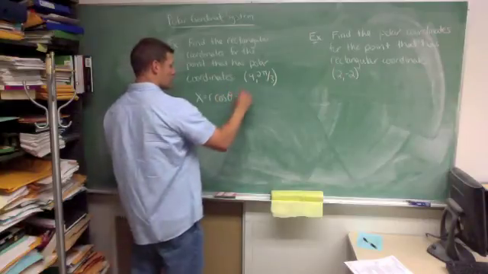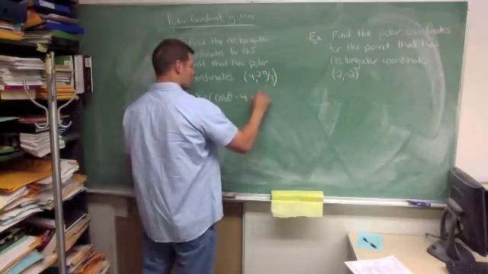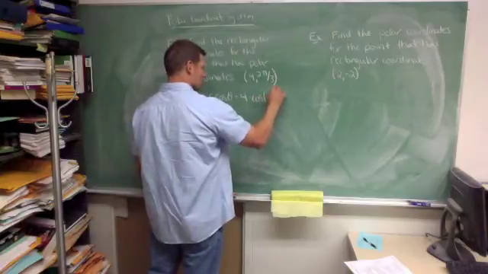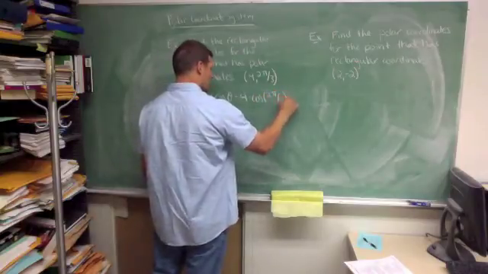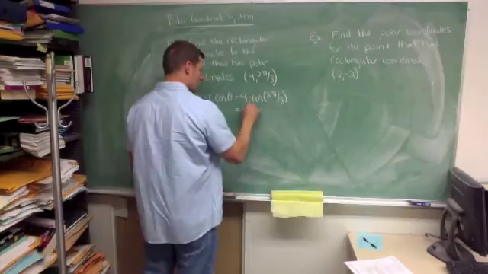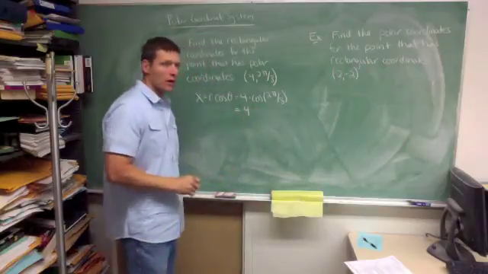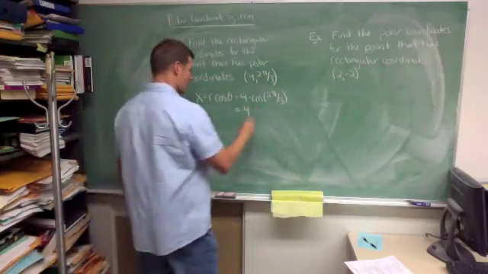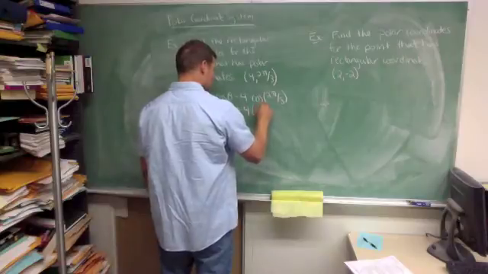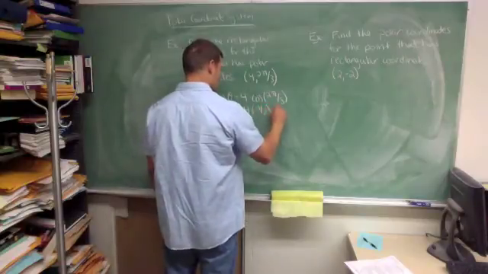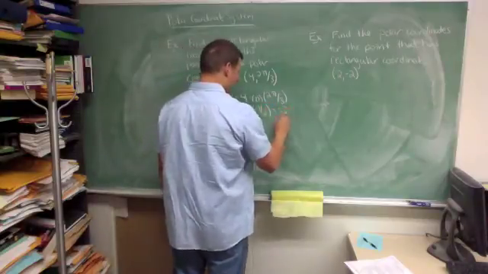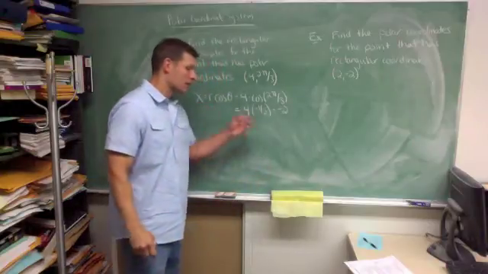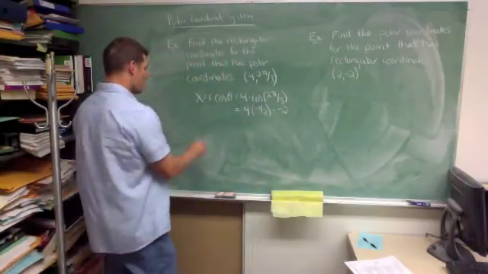What's r? r is 4, so 4 times cosine 2 pi over 3. Now cosine of 2 pi over 3 is equal to negative 1/2. So my x value turns out to be negative 2.